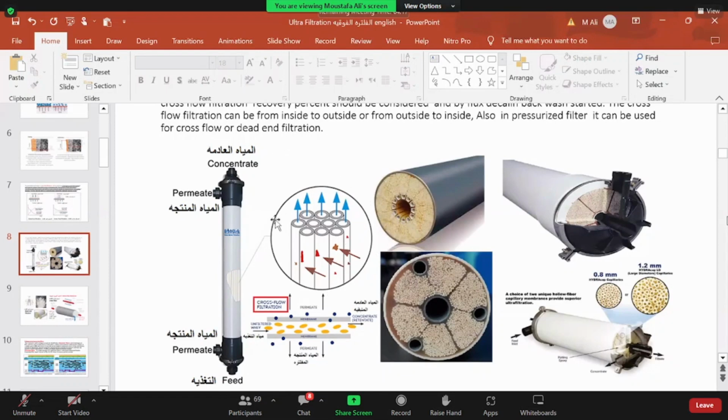So we have different diameters of fibers based on the application.